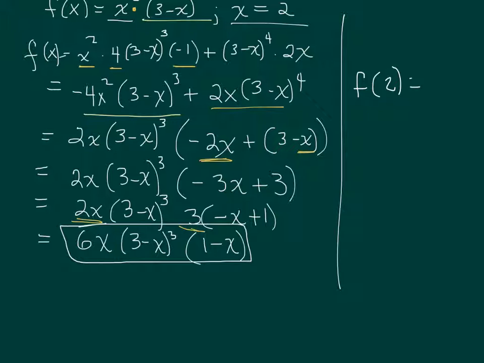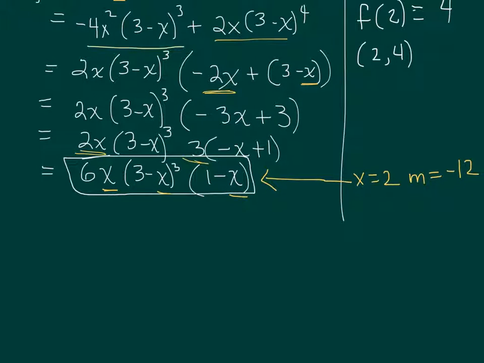So I get 2 squared times 3 minus 2 to the fourth power, and I get my y value is 4. So I have my point (2, 4). I can take this piece and plug in x equals 2 to get my slope of -12. So just plug in everywhere you see an x, plug in a 2 to get your slope.